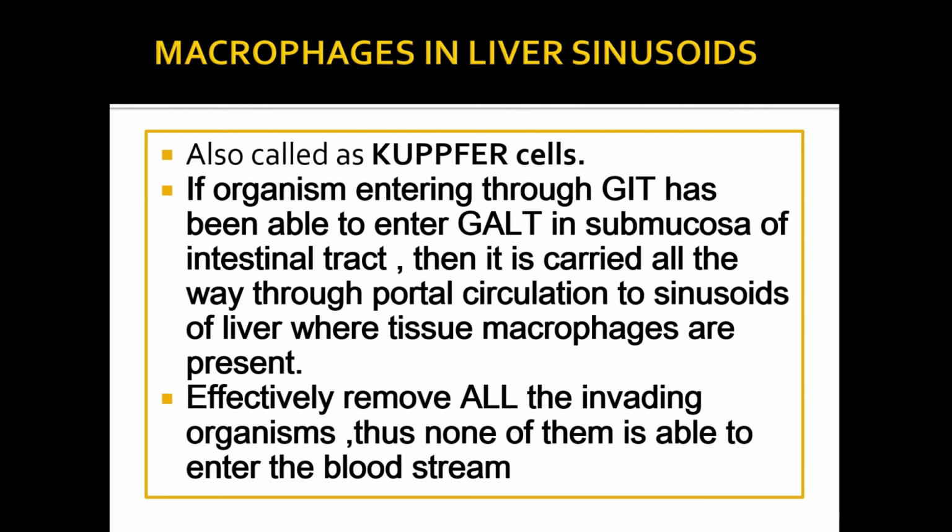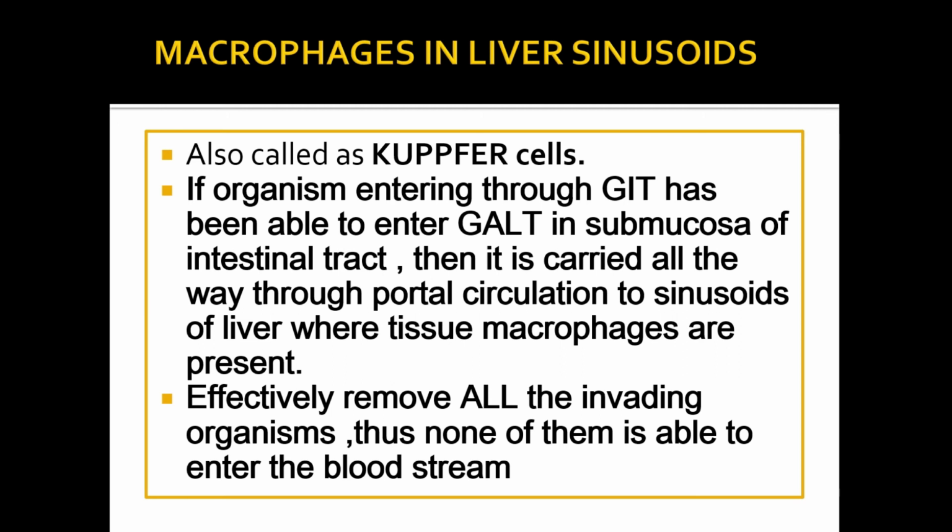Then we have macrophages in the liver sinusoids, also known as Kupffer cells. If the organism entering through the GIT has been able to enter the GALT and submucosa of the intestinal tract, then it is carried through the portal circulation to the sinusoids of the liver, where tissue macrophages are present. What does it mean?